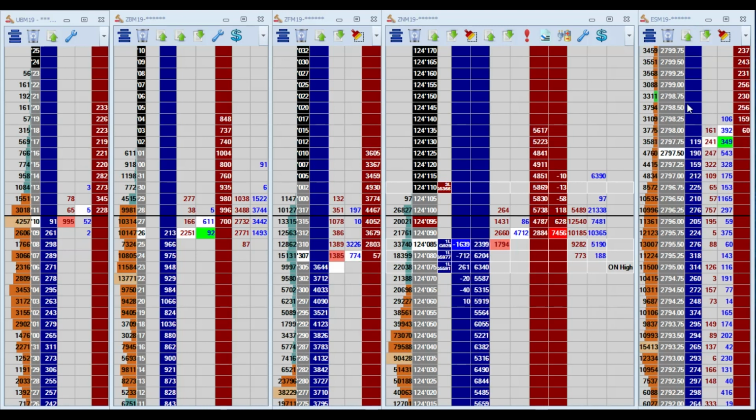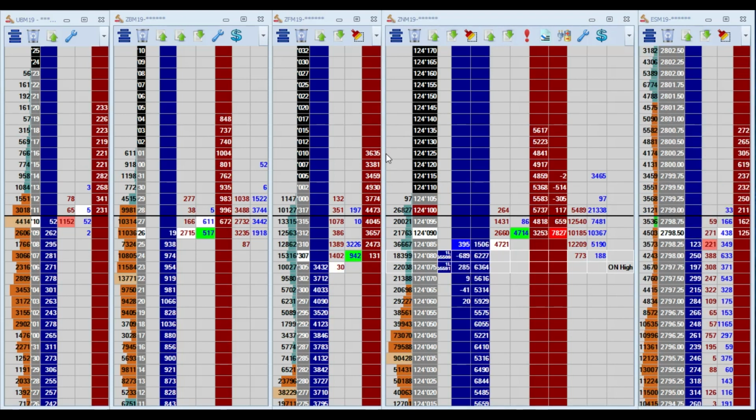E-mini's getting up to the VWAP. This is a little green line right here. It's typically where it would be sold back down. So we got one fill. So we're down to a 2 lot.